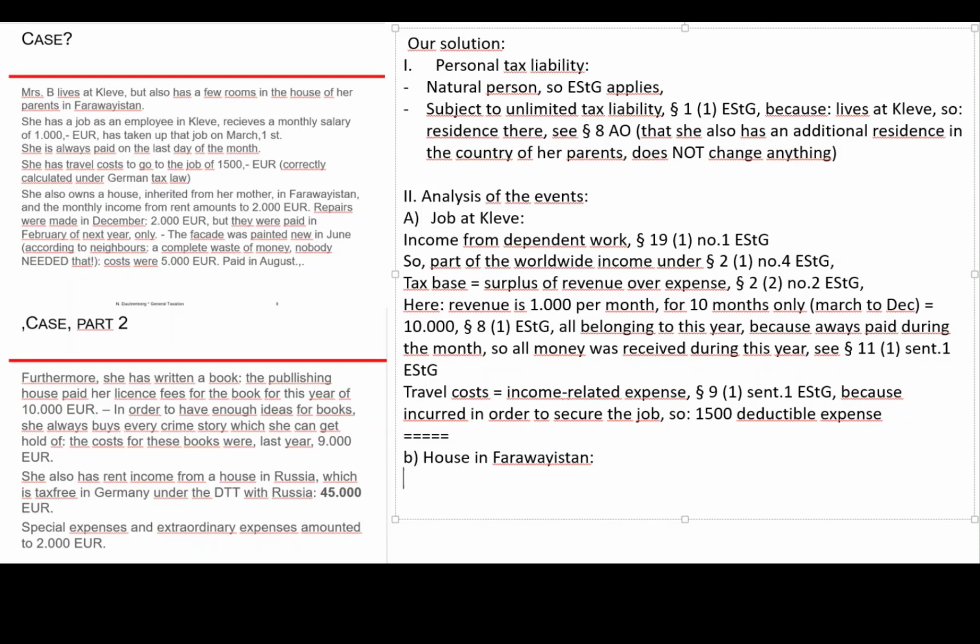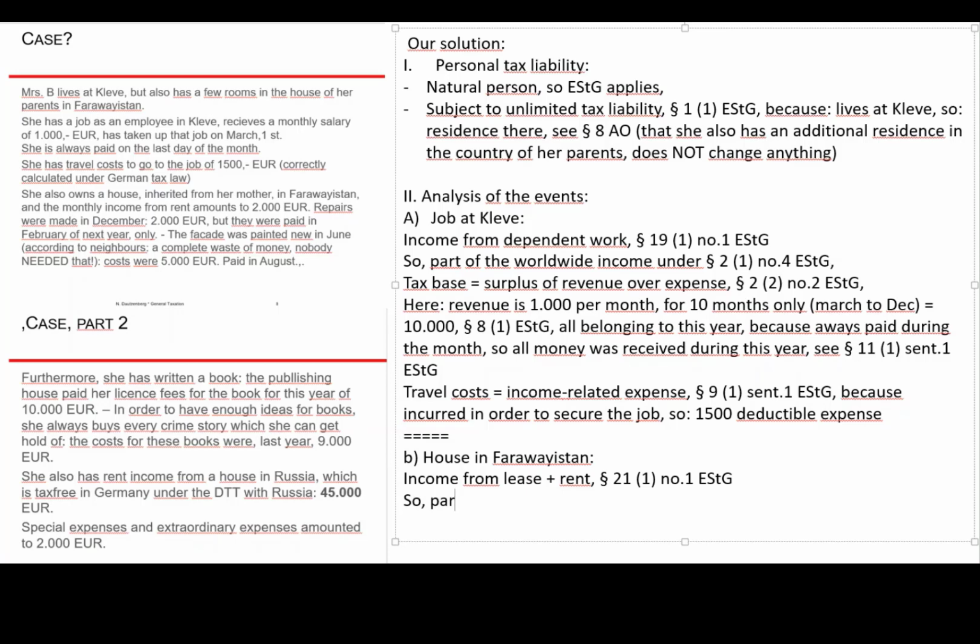Let's go to the house in Far-Western. Now, the worldwide income is covered by unlimited tax liability, so the house is relevant for our case. Income from lease and rent. Section 21.1 number 1 says this because it's letting of immovable property to tenants. And next idea.